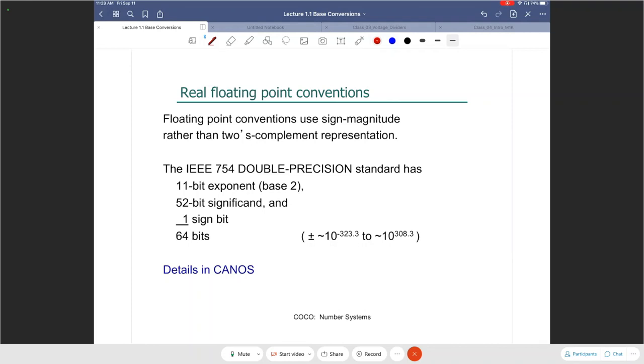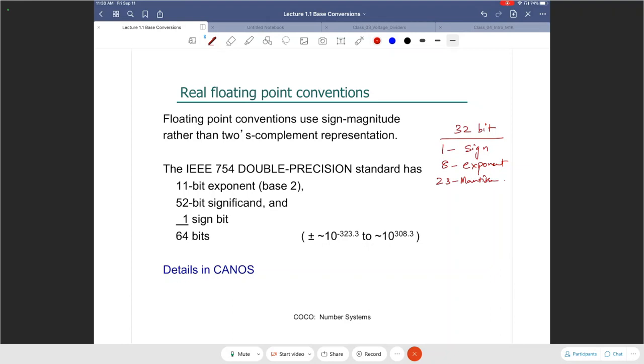So this goes into the IEEE 754 standard of representing 32-bit numbers or 64-bit numbers. The IEEE 754 single precision format, which deals with 32-bit numbers, uses 1 bit for sign, 8 bits for exponent, and 23 bits for mantissa.